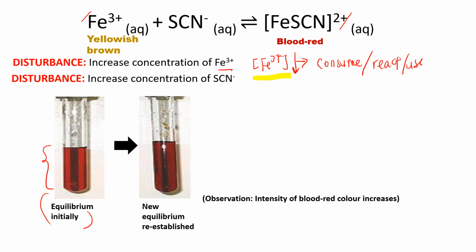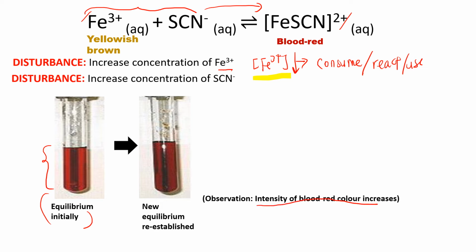The system must shift to the right side. Why? Because Fe3+ can react with the SCN-, producing more thiocyanatoiron(III) complex. So at the end, the concentration of Fe3+ will decrease. So your observation is, once we produce more complex ion, the color is blood red. That means you can see the intensity of blood red color increase.